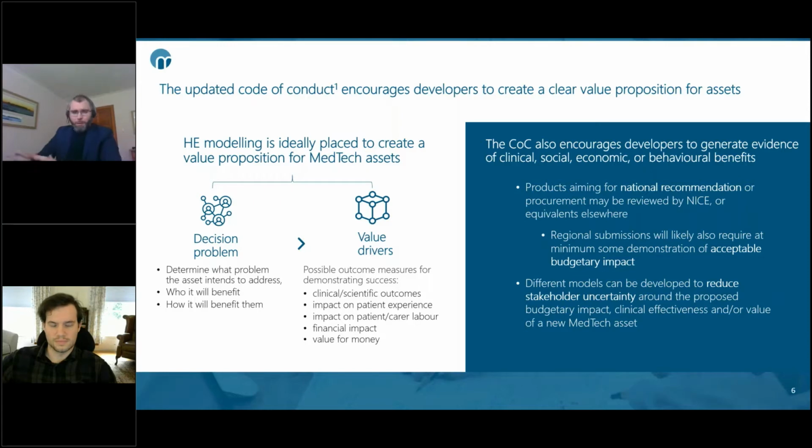These models, and what the code of conduct is alluding to inherently, are all about making sure that you can have a clinically and economically robust argument for your new asset that reflects that appropriate decision problem and the value drivers that we've articulated previously.